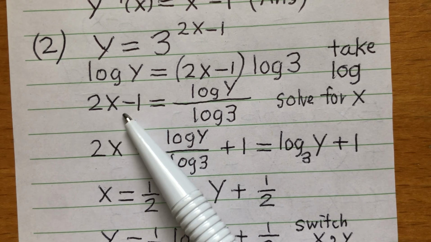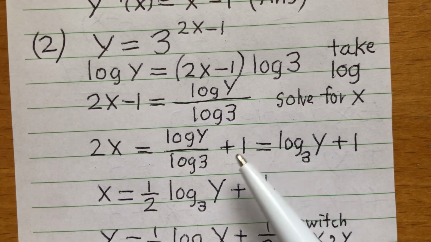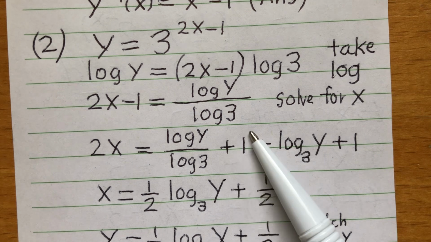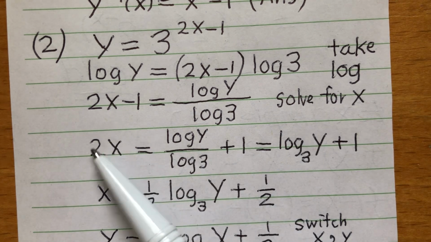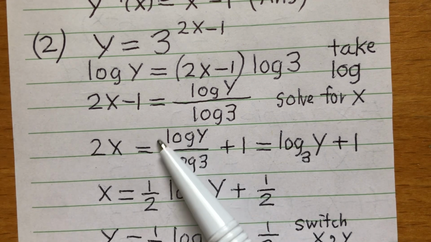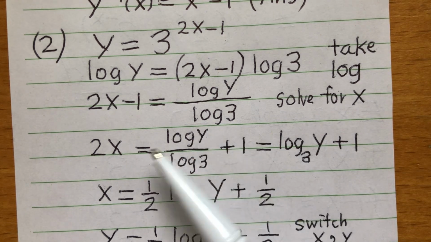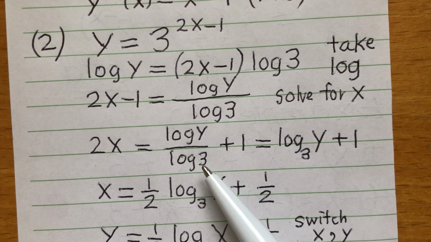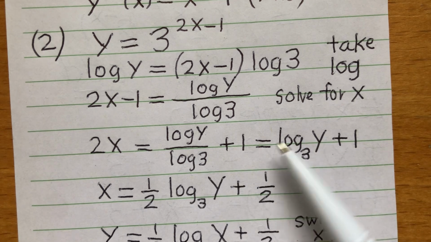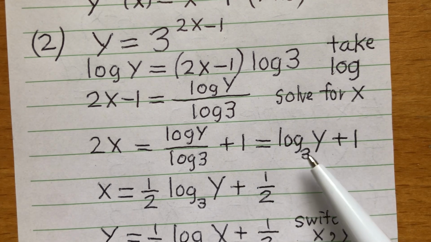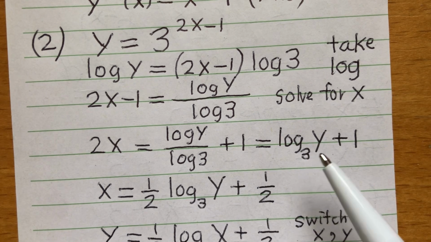So I move minus 1 to the right-hand side. It becomes plus 1. So I have 2x is equal to this. Now log y divided by log 3 can be written as logarithm y with a base 3.